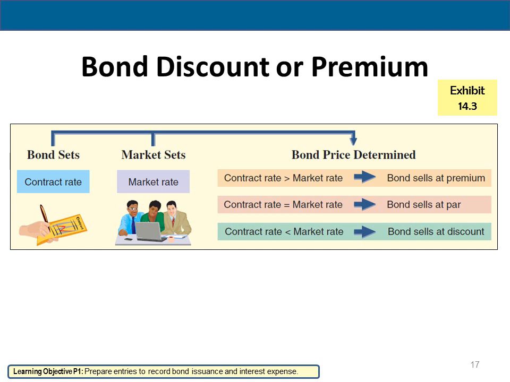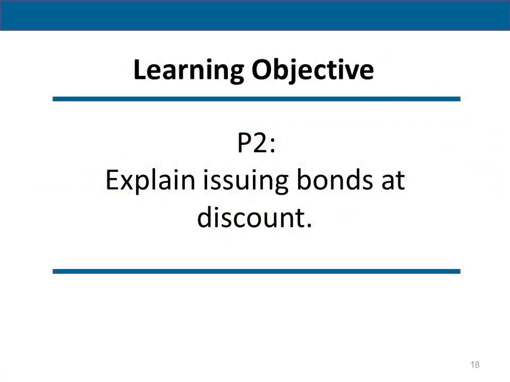Or the bond can be sold at a price below its par value. In this case, the bond is said to be sold at discount. This takes place when the contract rate is less than the market rate. So let us now discuss one of those cases, which is how we deal with bonds issued at discount.